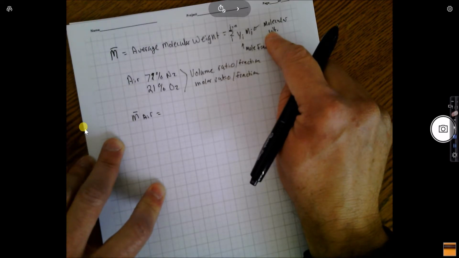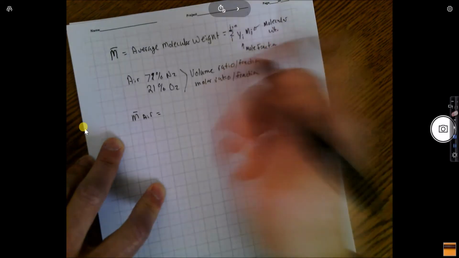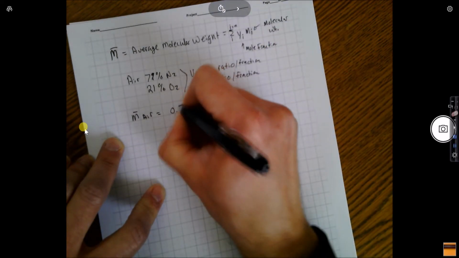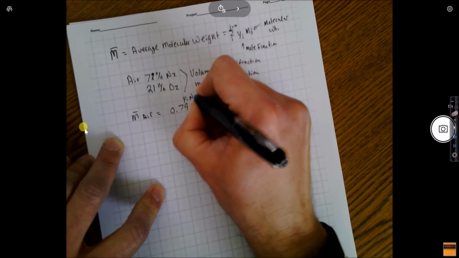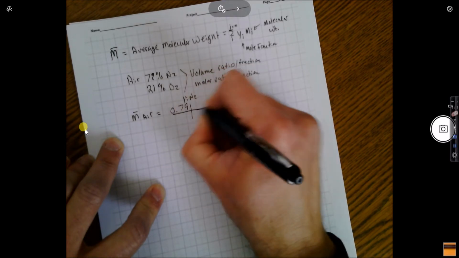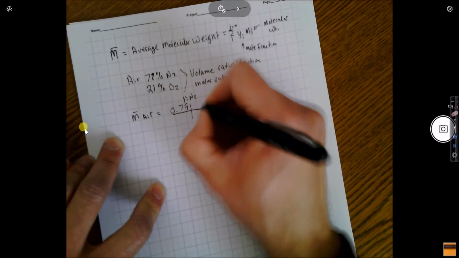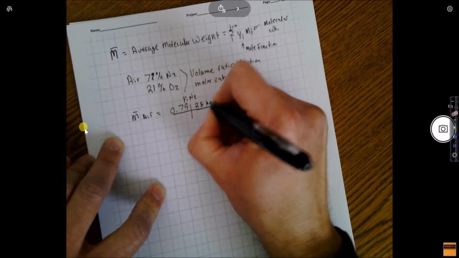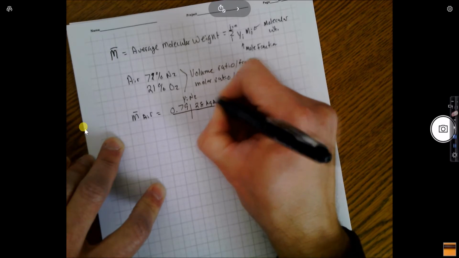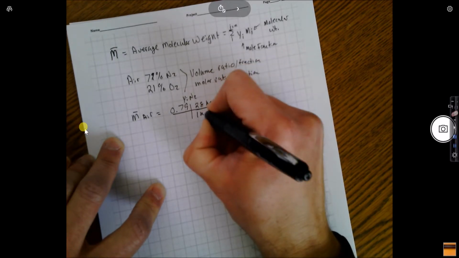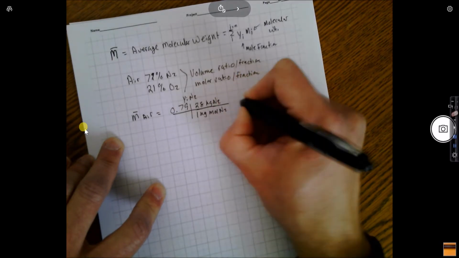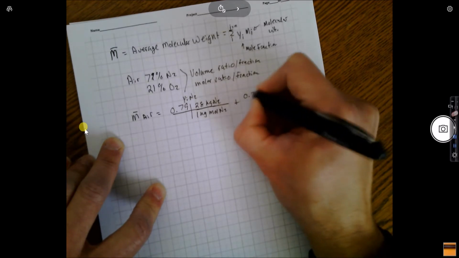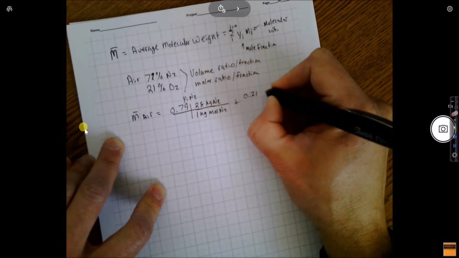And so to write that out quite simply, and it doesn't really matter the units, but we'll just use kilogram moles for funsies. So 0.79, which is the y of nitrogen, times the molecular weight of nitrogen. So there are 28 kilograms in 1 kilogram mole of N2, plus 0.21 moles of O2, and we'll put kilogram moles.